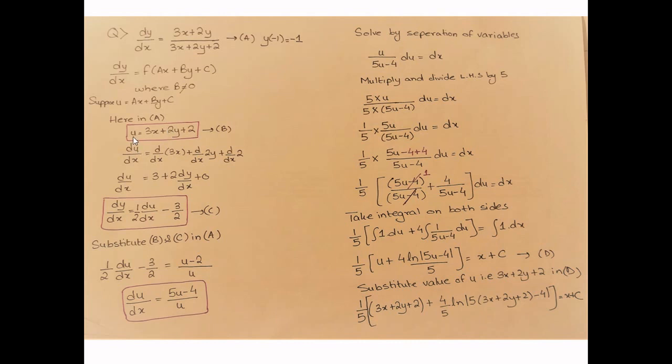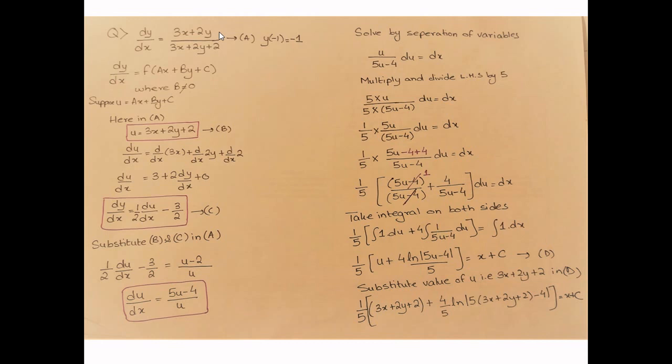Now after doing that, we will take the derivative of this u with respect to x, and we will get du by dx is equal to 3 plus 2 dy by dx. Just rearrange the equation because we have to make all these substitutions in equation A. If you look into equation A, we also have this 3x plus 2y.